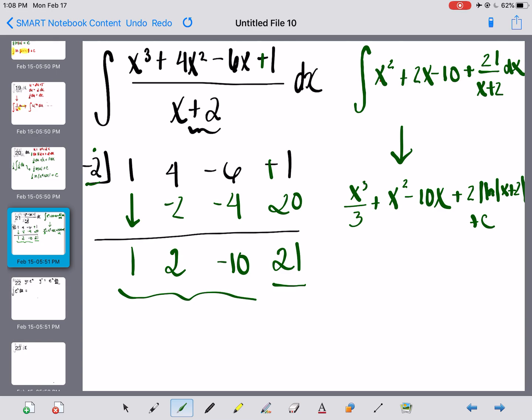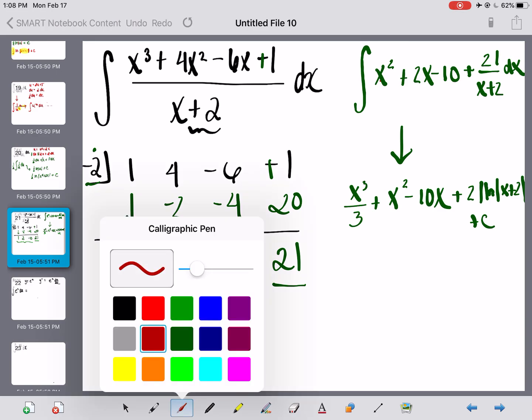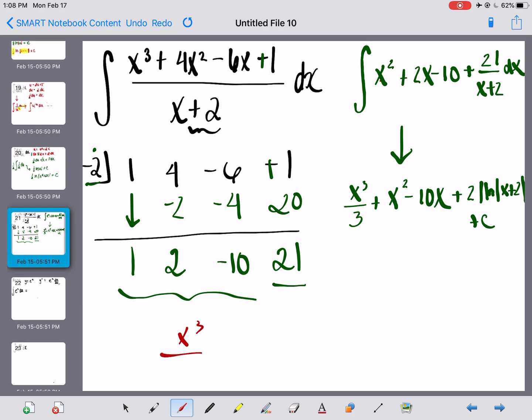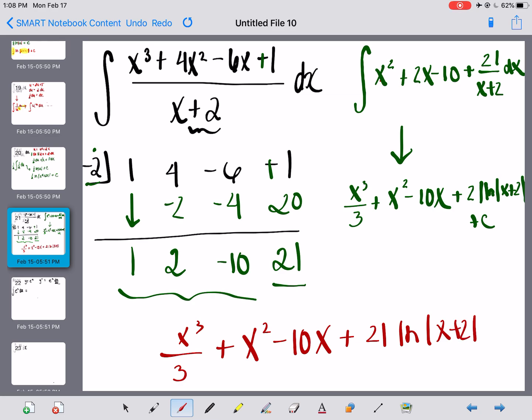I will rewrite that for you on the bottom of this screen. You should have x cubed divided by 3 plus x squared minus 10x plus 21, the natural log of the absolute value of x plus 2, plus c. Nothing to simplify there.